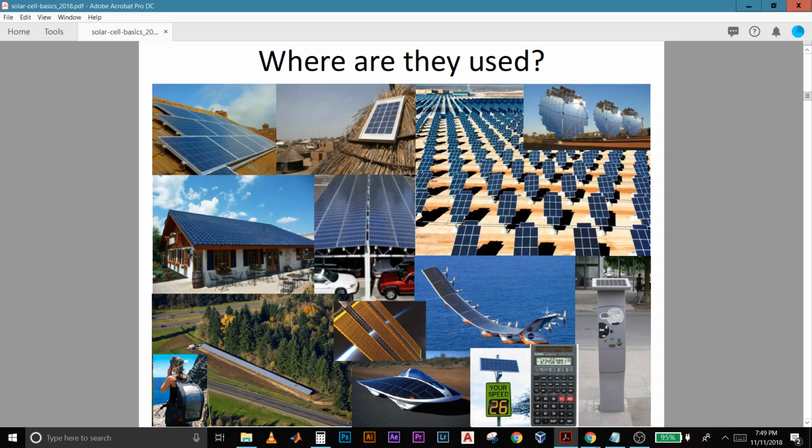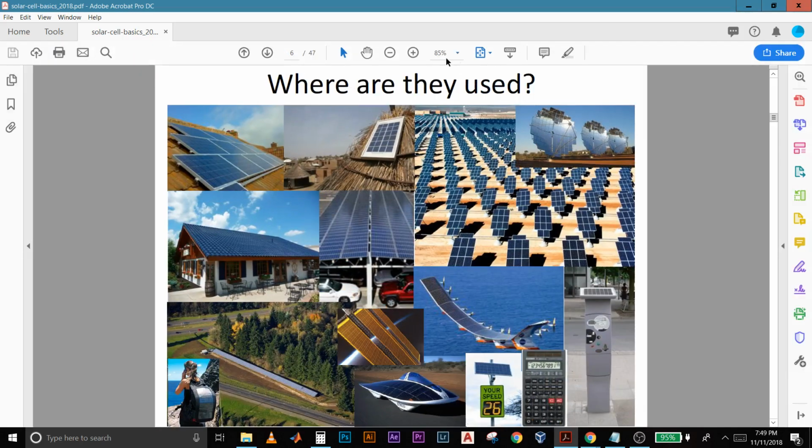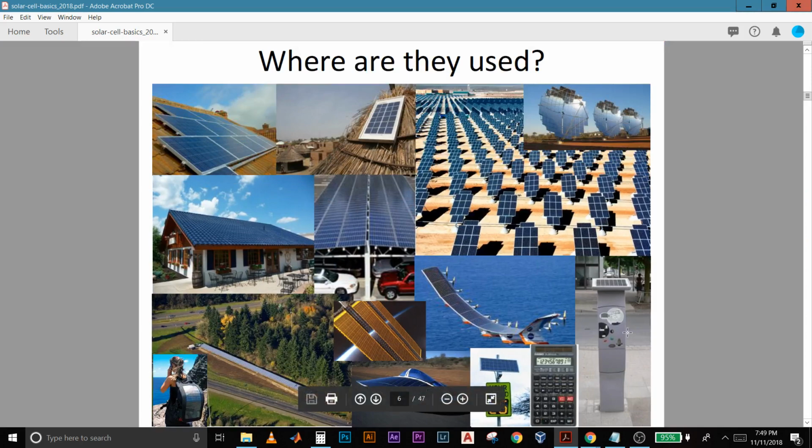And you can also even have them on stuff like aircrafts and cars, which look like from another planet. You can use them on satellites, power small electronics like speedometers and calculators, and even parking meters and so on. So they can be basically used anywhere to power any kind of electrical devices.